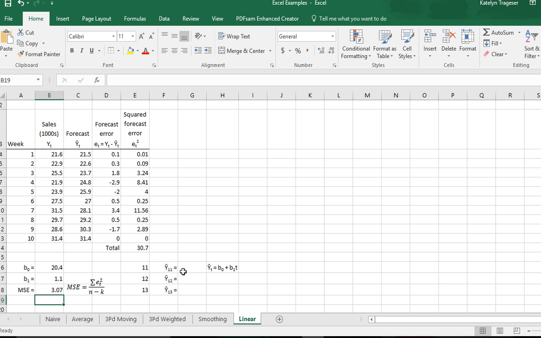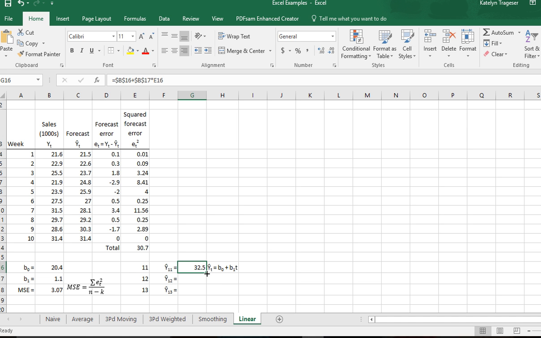Now we're also asked to find the forecast in weeks 11, 12, and 13. So again, we're going to use our slope and our y-intercept along with the week that we're in to calculate that. So again, equals our B naught value, our y-intercept, and remember that this is an absolute cell reference, plus our slope, and that needs to be multiplied by our time.